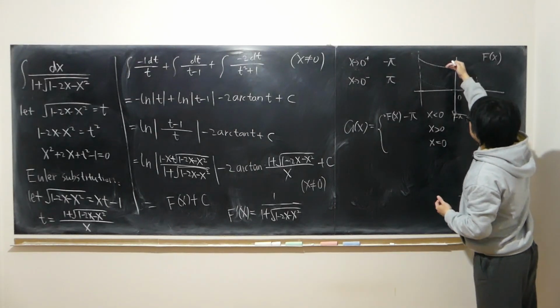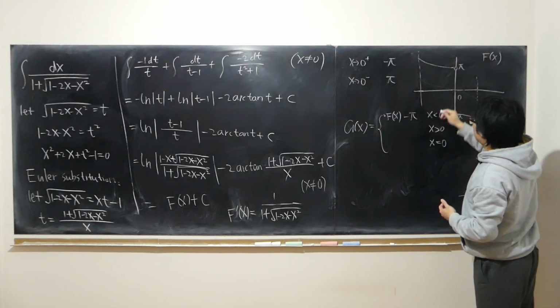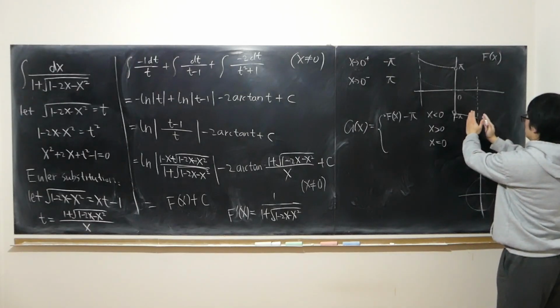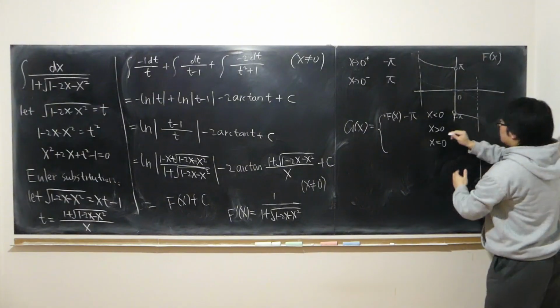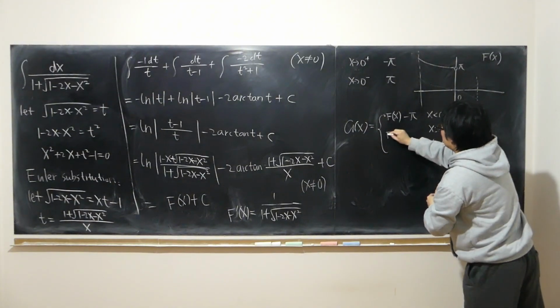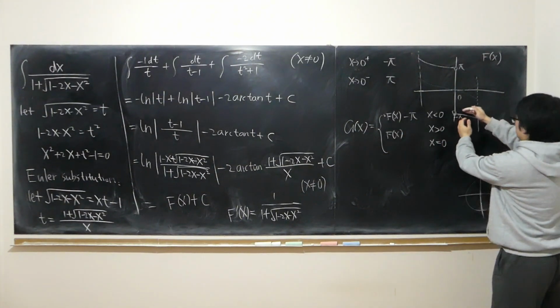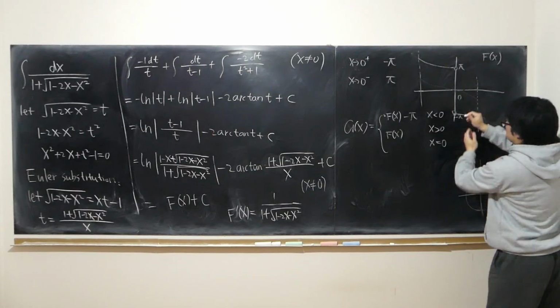Like I said, shifting it downwards in this way. If x is greater than 0 and smaller than whatever, I say g of x should be equal to f of x plus pi, because I'm shifting it upwards.